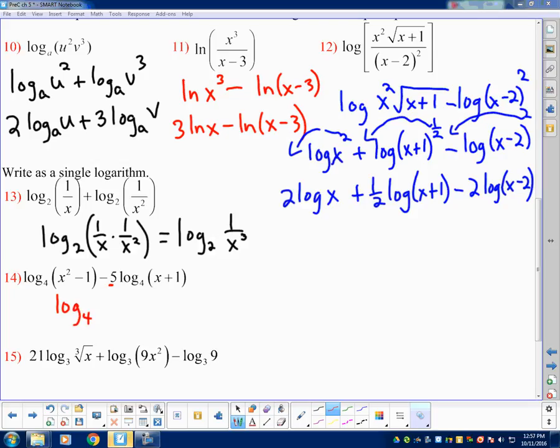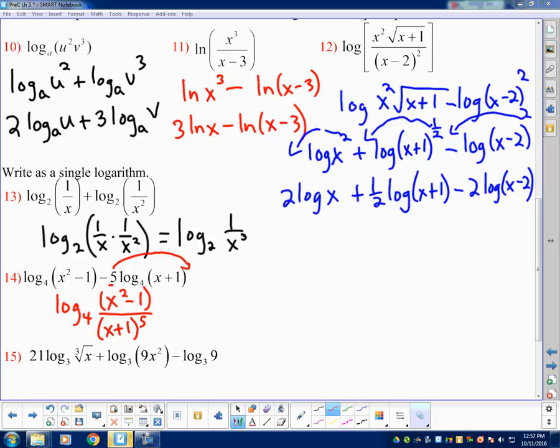I'm going to take the x squared minus 1, place it on the top of the fraction I'm forming, and by the power rule, I can take what I've underlined here, that 5, and move it up as a power on the x plus 1 if I'd like. So that would be x plus 1 to the 5th. That's one way to, we've actually written it as a single logarithm.